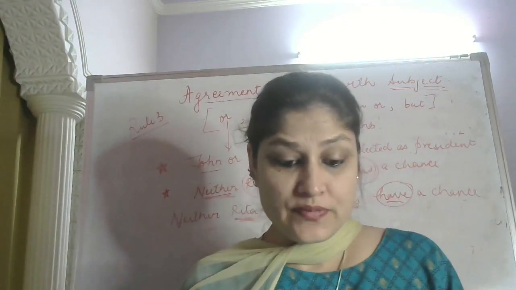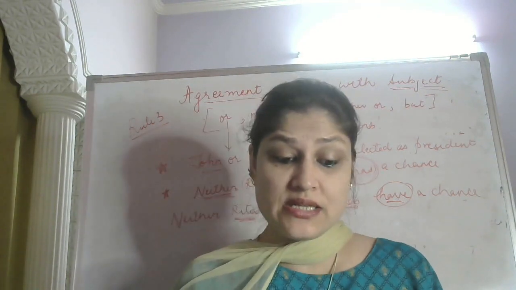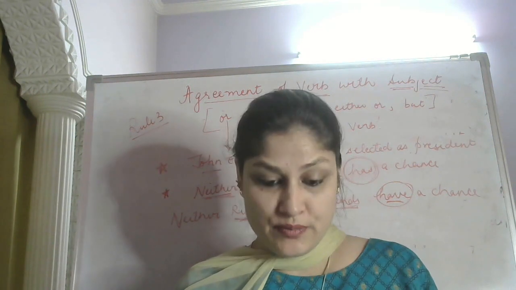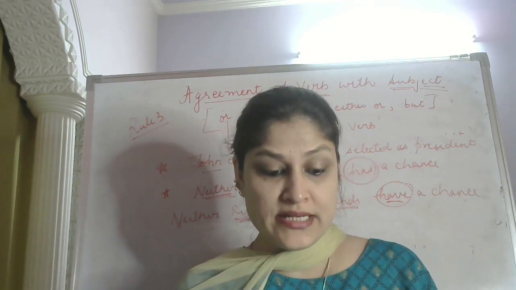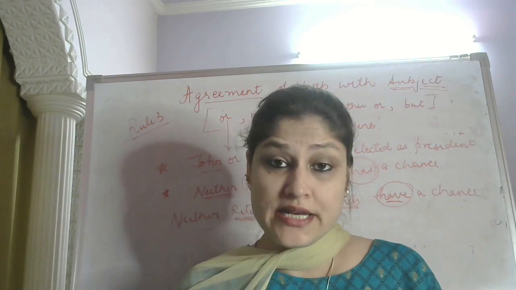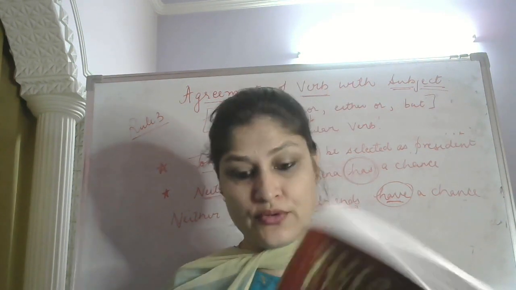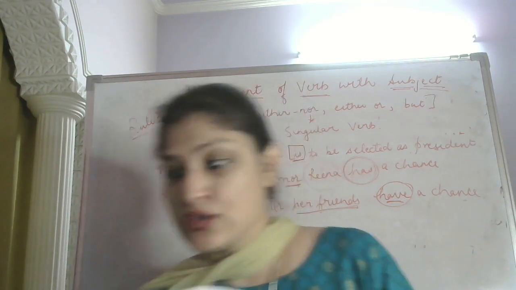Right? After that, see here, it says when the subjects joined by or, nor are of different people, the verb agrees with the one nearest to it. Either you or he is correct. So when the subjects are different people, not the names we are talking about here.